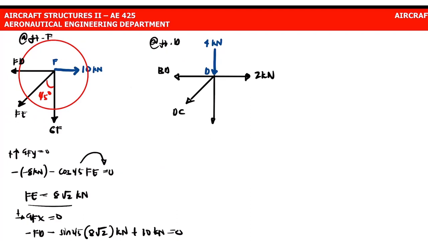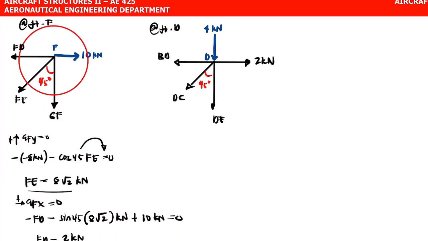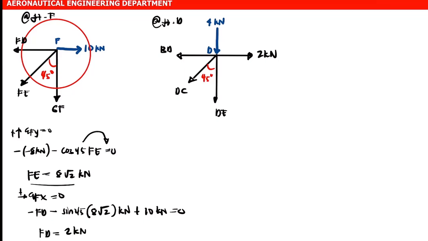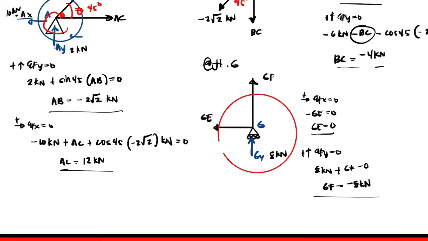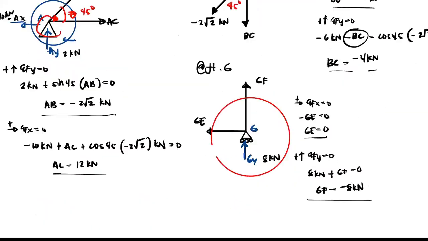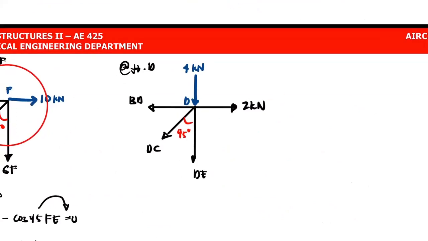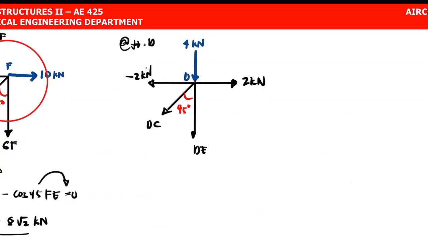And then meron tayong DE. So again, angle is 45 degrees. So, pwede tayo mag-summation forces X or Y, no? Kasi meron tayong value ng ating BD. Tama? So, meron tayong value ng BD, BC, and BD is negative 2 kN. Palitan natin to ng negative 2. Negative 2 kN. So, by summation forces X is equal to 0.